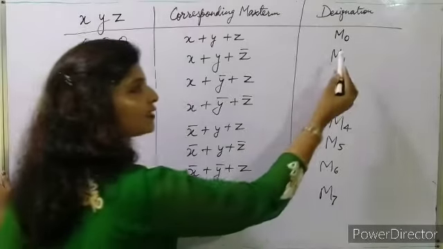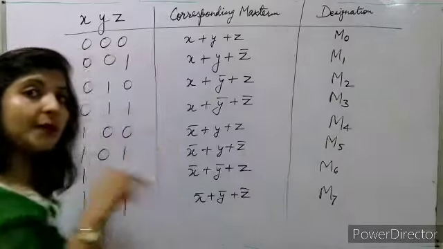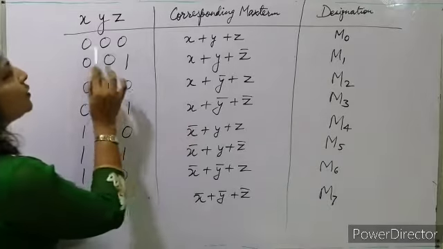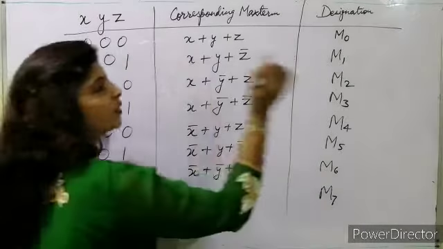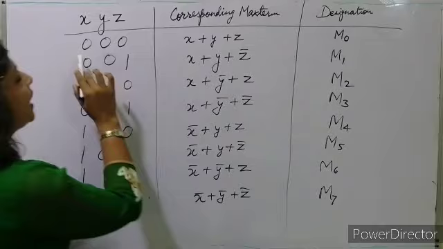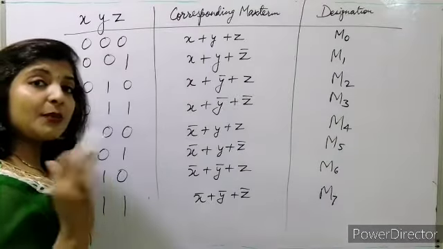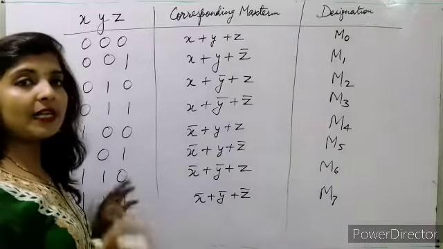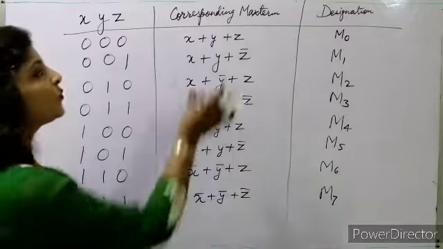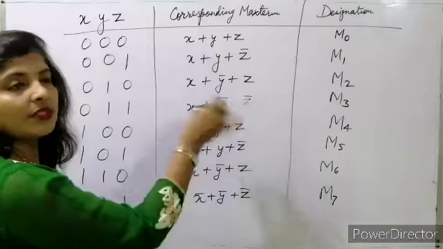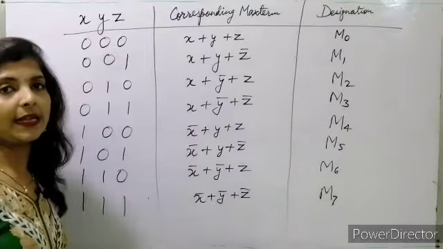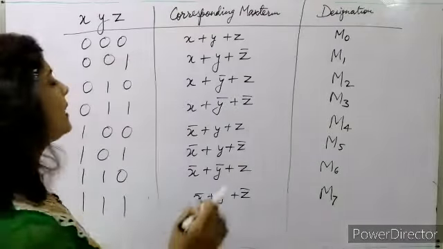Max term is denoted by capital M, min term by small m. So 0 0 0 in decimal will be 0, so we'll write M0. This is POS, product of sum. So function will be in terms of product of sum. तो ये सारे sums हैं और इसका हम product लेंगे. In function we'll see that later.